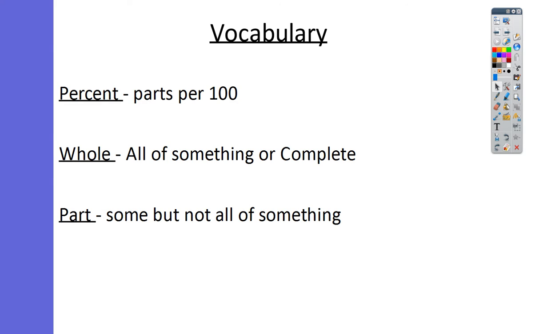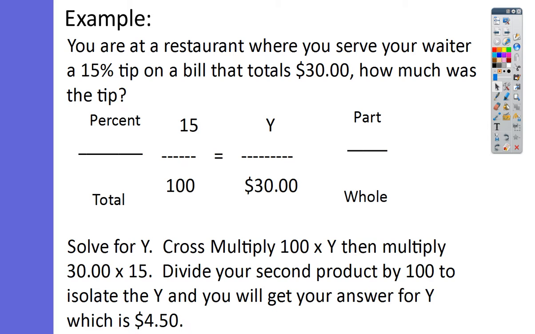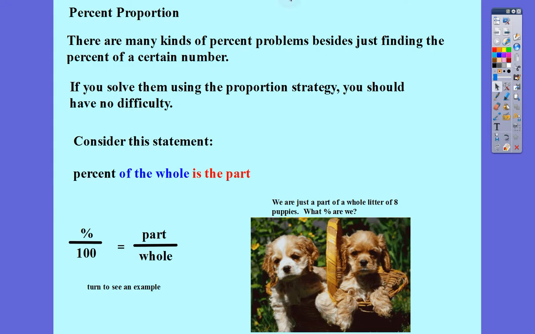So here is one setup. You're at a restaurant where you give your waiter a 15% tip on a bill that totals $30. How much was the tip? This flip chart here has you setting up the percent, the total, and the part and the whole. Before I even get to this part, I'm going to jump over to another flip chart and we would talk about this.